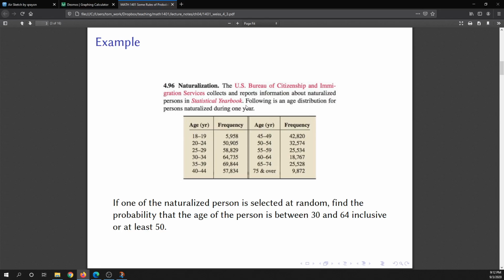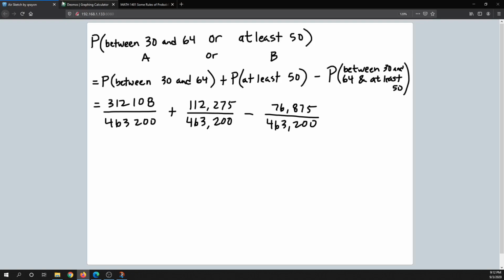Okay, so now what we want to do is to calculate this probability. All right, and so all of these fractions have the same denominator, right?